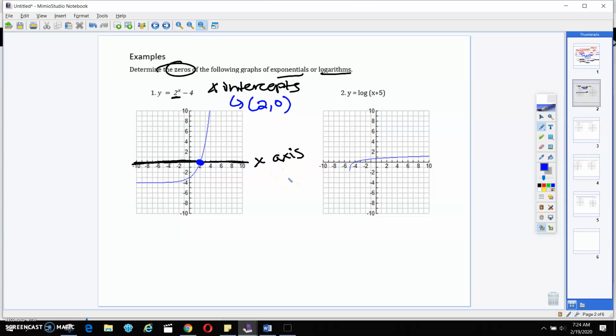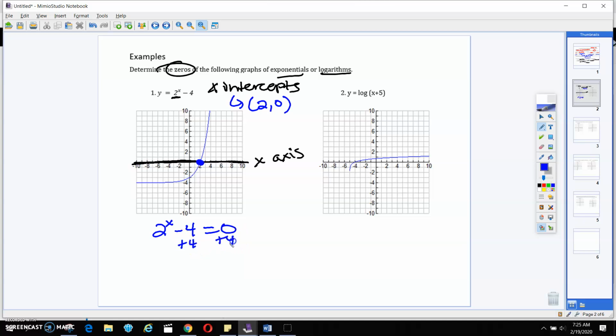Okay? Another way we could have done this, let's say that they didn't give us the graph, they just gave us the equation. That means that we can take this equation and set it equal to 0. So when we set it equal to 0, we can solve for x.